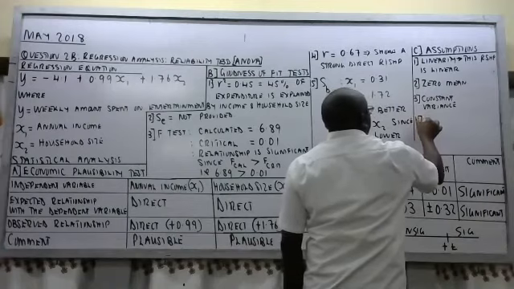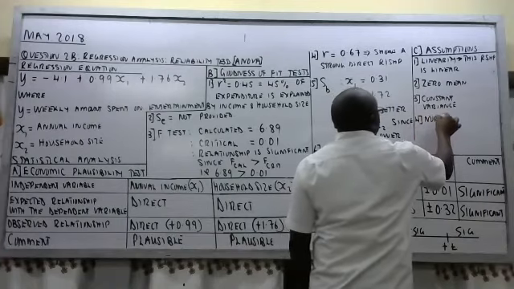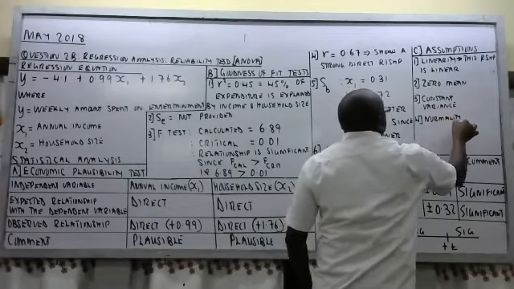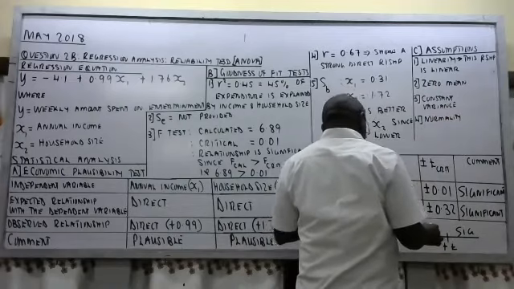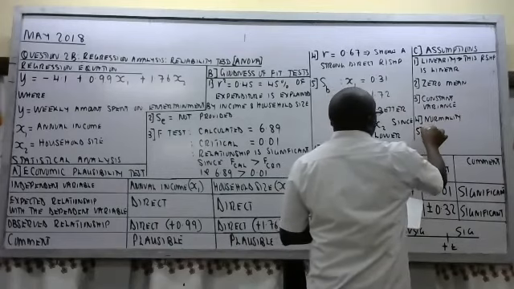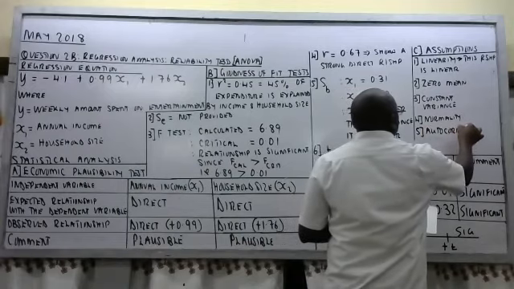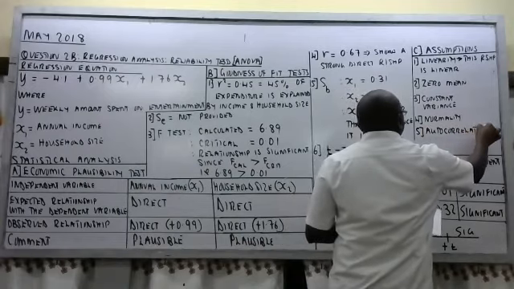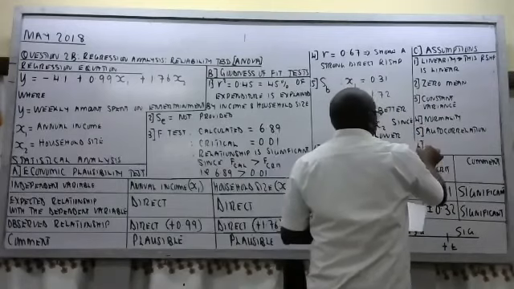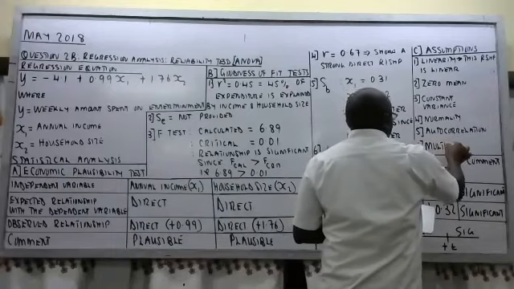Number 4 is called normality. Number 5 is called autocorrelation. Number 6 is called multicollinearity.